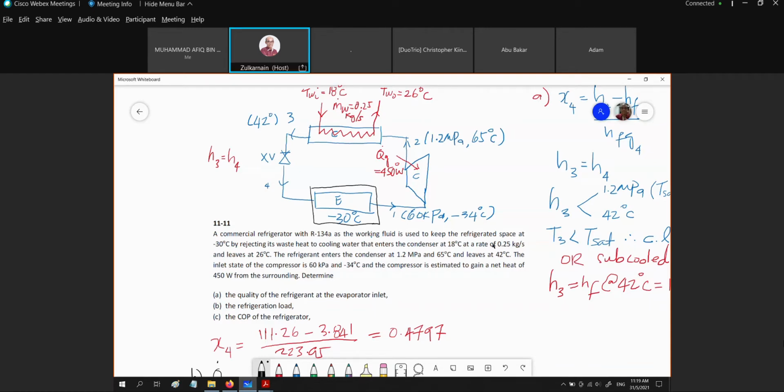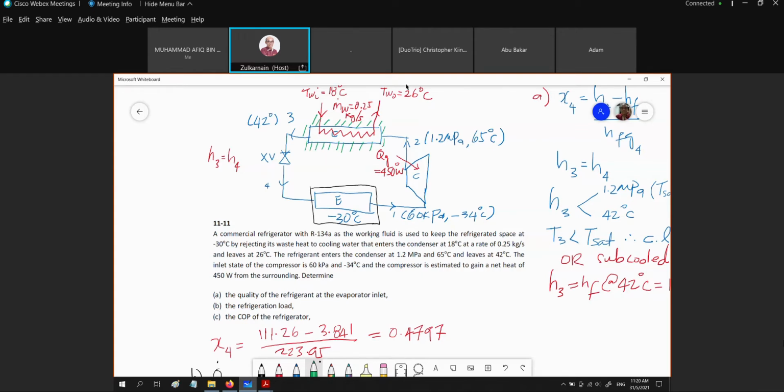By assuming that this condenser is insulated, all the heat rejected by the refrigerant is equal to the heat absorbed by the cooling water.